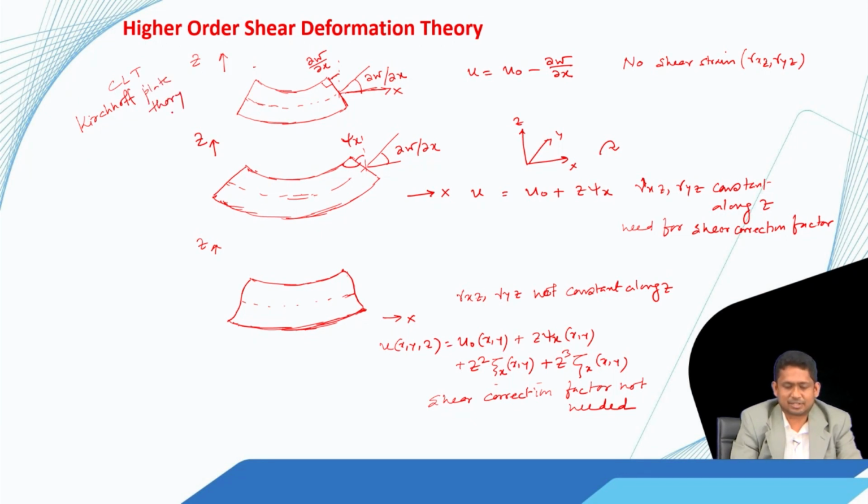We can say that it is a 2D version of Euler-Bernoulli beam which does not allow shear deformation, and this comes from Mindlin-Reissner theory, which allows for shear deformation, but the variation is linear, shear strain is linear along z, and this is higher order theory.